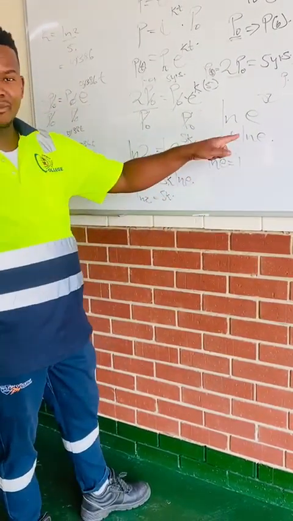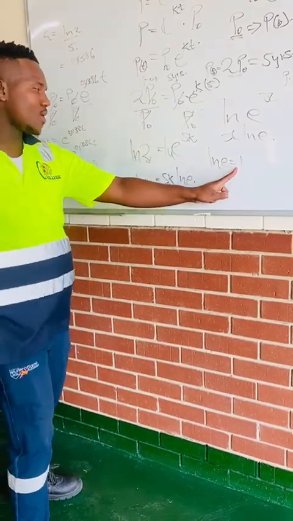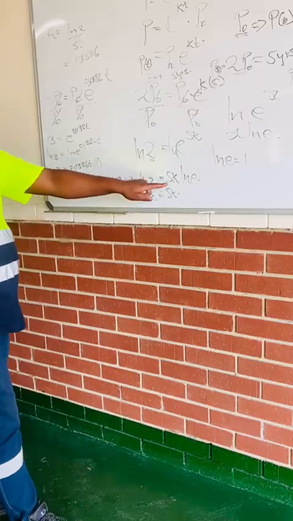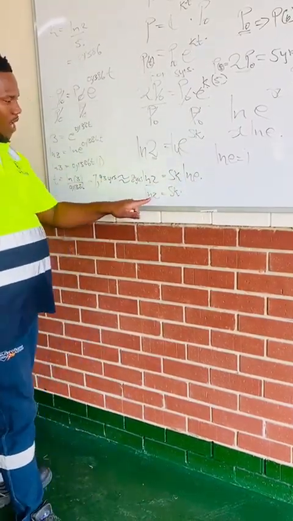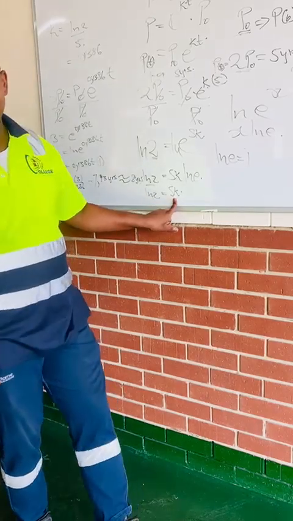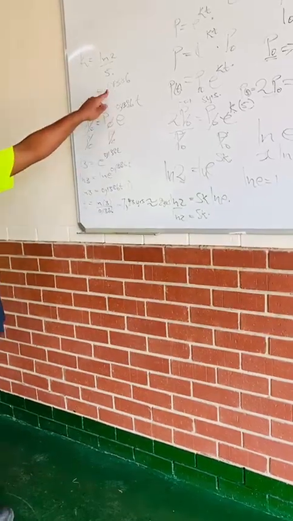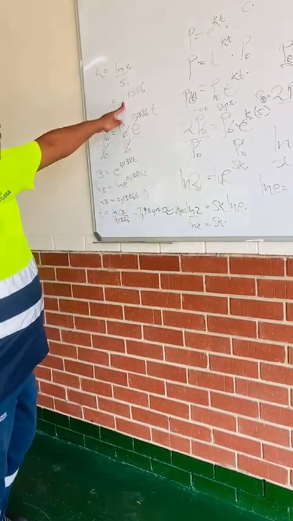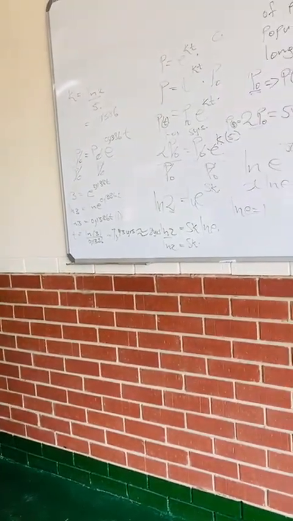And remember that ln e is equivalent to 1. Now, this will be 5k multiplied by ln e, which is the same as 1. Now, our ln 2 will be the same as 5k. Now, what is k? Guess what? This will be 0.1386. That is our proportionality constant.